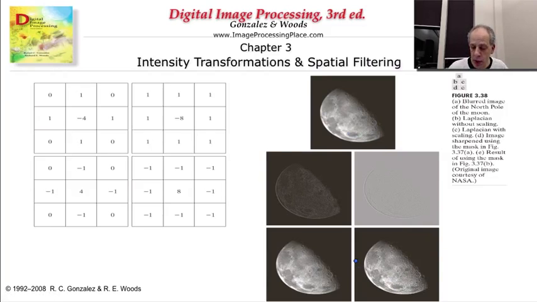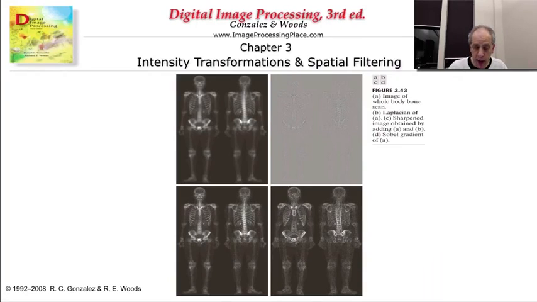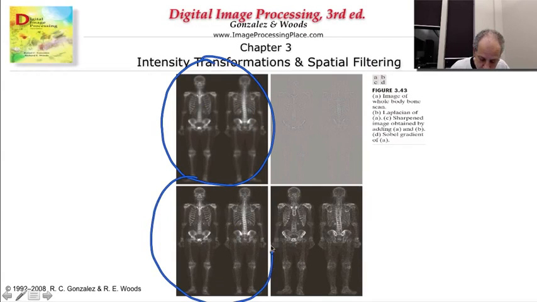Many of these combinations can be done. And here we see another example for a different image. Again, an image that looks a bit blurry. We see once again its Laplacian. It might be hard to notice. All we have done from here to here is once again to take second derivatives and then we add them. And look how much sharper this image is than this one.